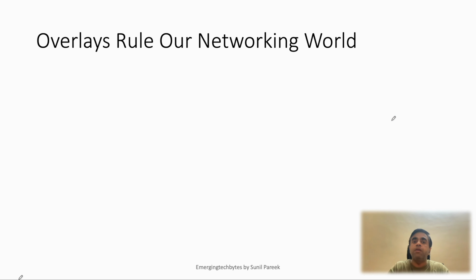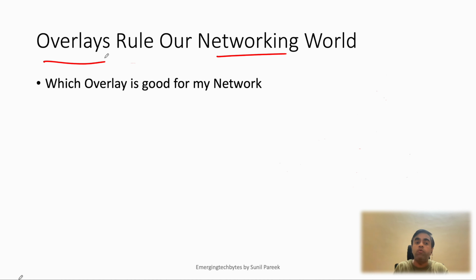So here in our networking world, the overlays basically rule. There are so many types of overlays that exist. Your ACI, SDX, even GRE, MPLS, layer 2, layer 3 VPN, they are all some form of overlays. When I have so many of these overlays, which overlay is good for my network?